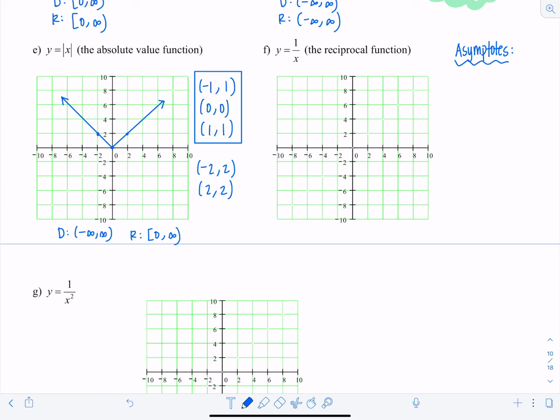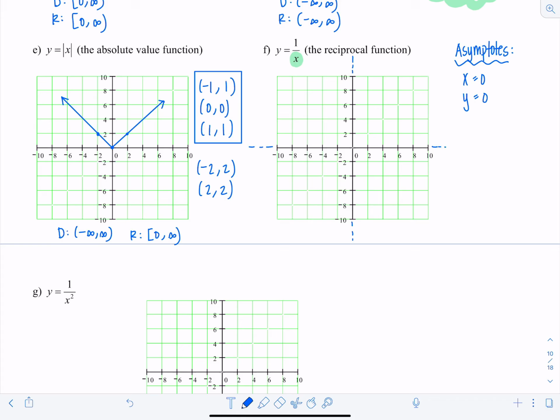Tangent has an asymptote, cotangent, secant, cosecant, all those good graphs. So let's think about where we would have asymptotes. First obvious place is where x is 0, because that value is not in the domain for the function. So we have a vertical asymptote there at x equals 0. We also have a horizontal asymptote at y equals 0.